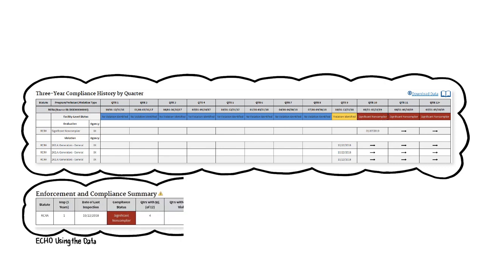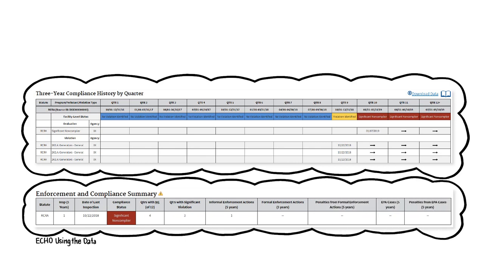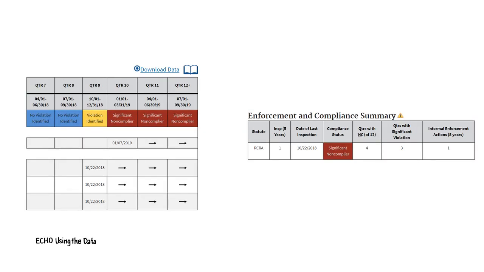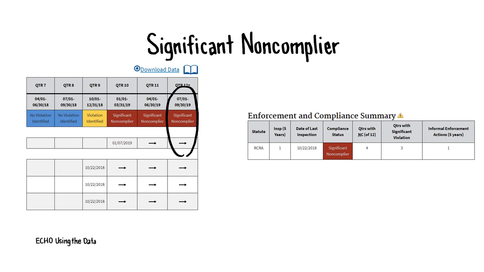Finally, ECHO updates the RCRA compliance status in the Enforcement and Compliance Summary table using the data in the 3-year compliance history by quarter table. If the most recent quarter, quarter 12, has significant non-complier status, then the compliance status reads significant non-complier and is colored red.